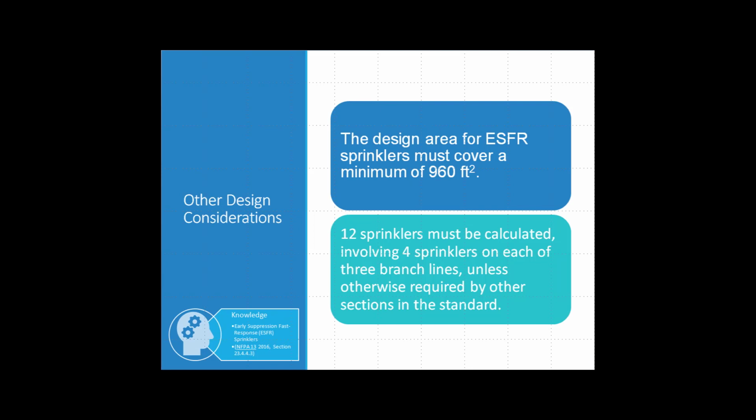The design area for ESFR sprinklers must cover a minimum of 960 square feet. 12 sprinklers must be calculated, involving 4 sprinklers on each of the 3 branch lines, unless otherwise required by other sections in this standard.